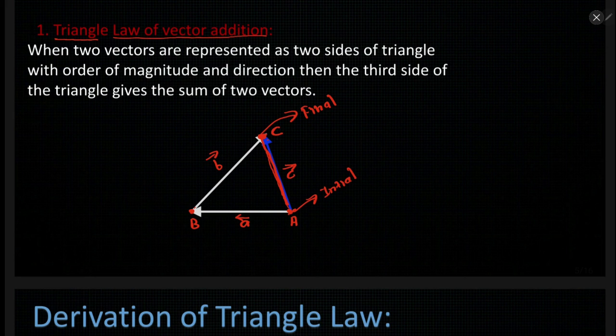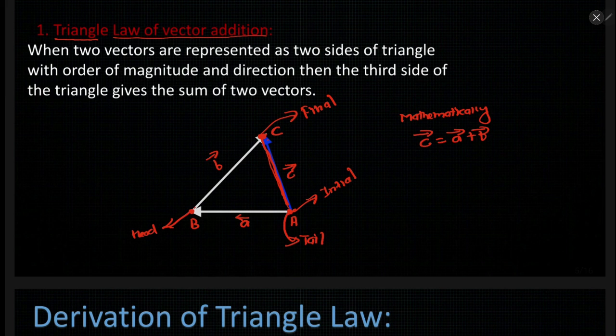Mathematically, vector C is equal to vector A plus vector B. As you see, they both are directed in the same direction, or they are in adjacent direction. This is called head, and this is tail.